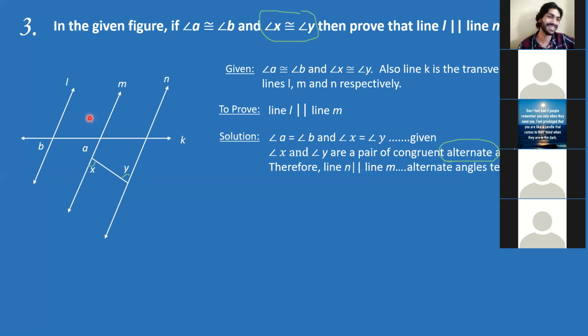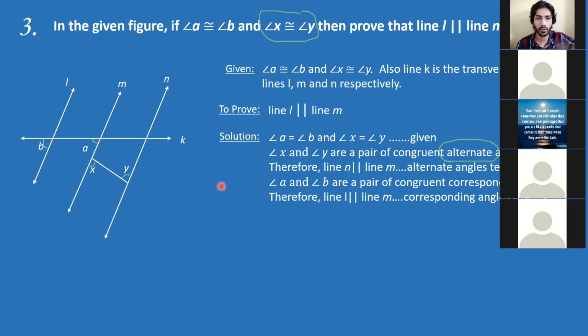Wonderful, that is the answer. So angle A and angle B are a pair of congruent corresponding angles. I have proven that angle A and angle B are equal, which is given. So line L is parallel to line M. Okay, so the corresponding angles test.